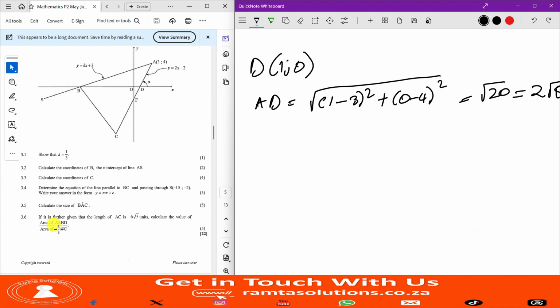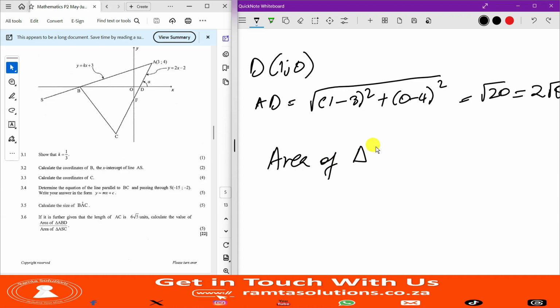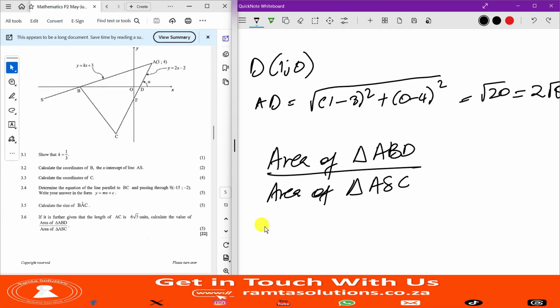Okay, now answering the question, we say area of triangle ABD over area of triangle ASC.